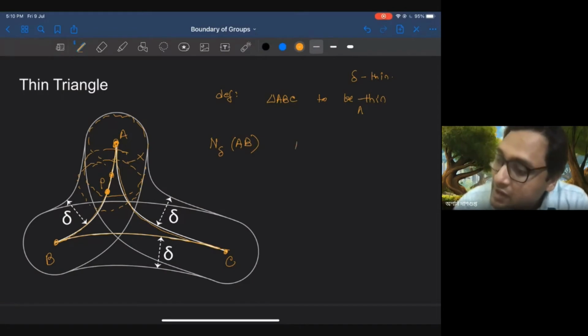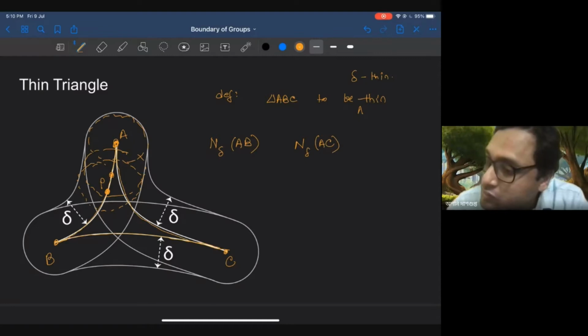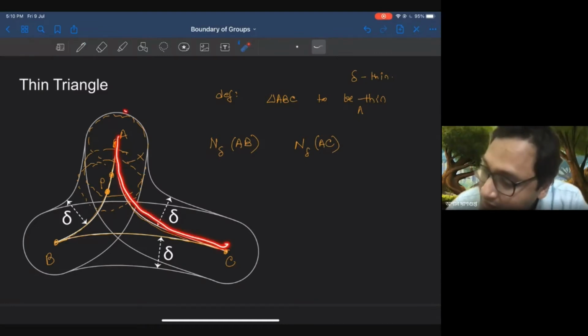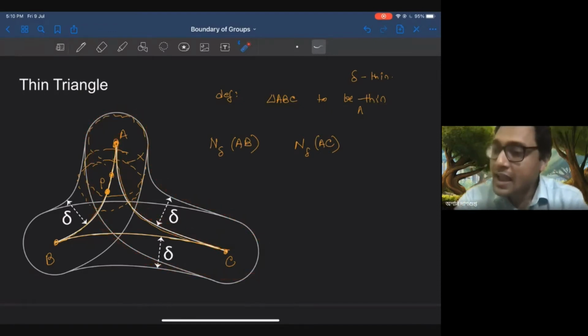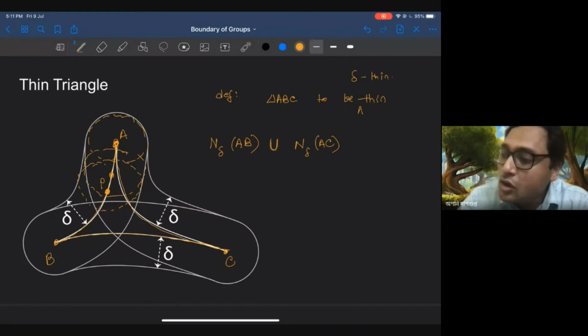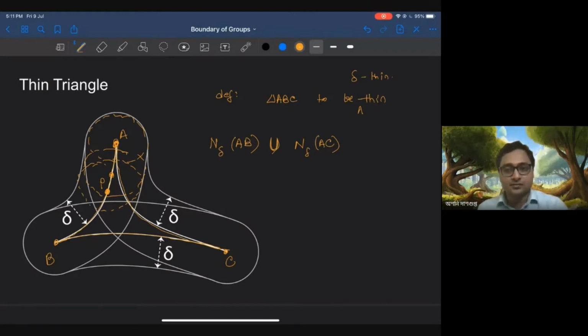And then we take another delta neighborhood of AC. So this segment AC is right here. We take the delta neighborhood of this AC and we take the union of both of these delta neighborhoods.